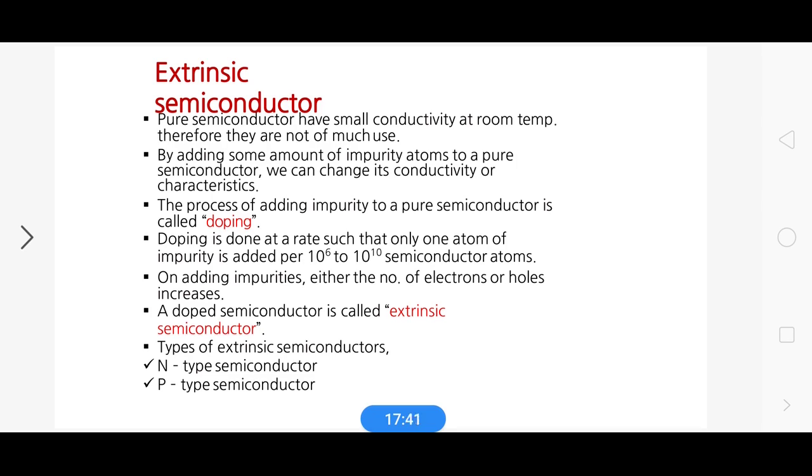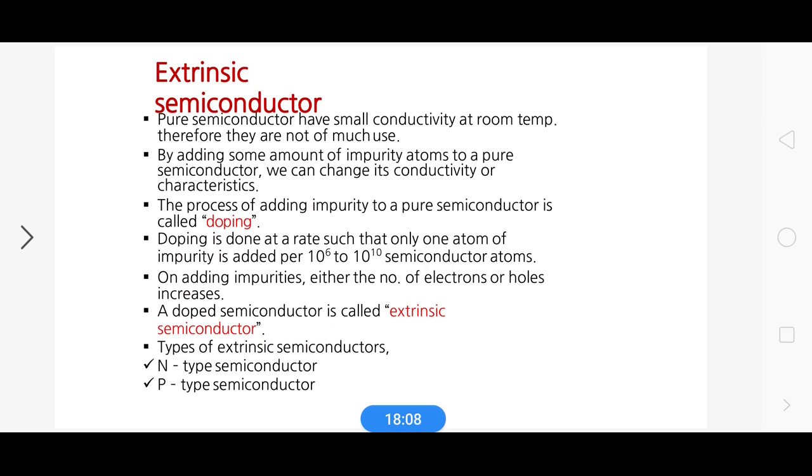Doping is done at a rate such that only one atom of impurity is added per 10 power 6 to 10 power 10 semiconductor atoms. It is a very low concentration. For 10 power 6 pure atoms, there is one impurity atom.